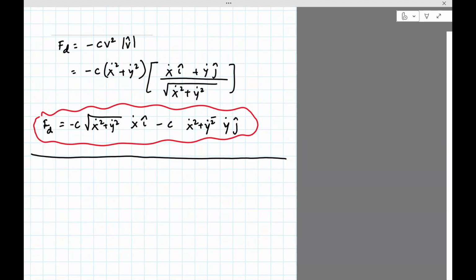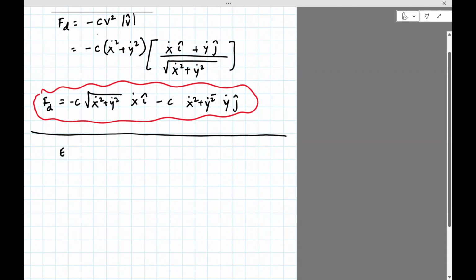Okay, now let's get to the Euler-Lagrange equations. When you write these equations, I'm going to follow a three-step recipe which I put down, which was there on the previous page. The first step is to write the equations of the velocity and positions of the center of mass.